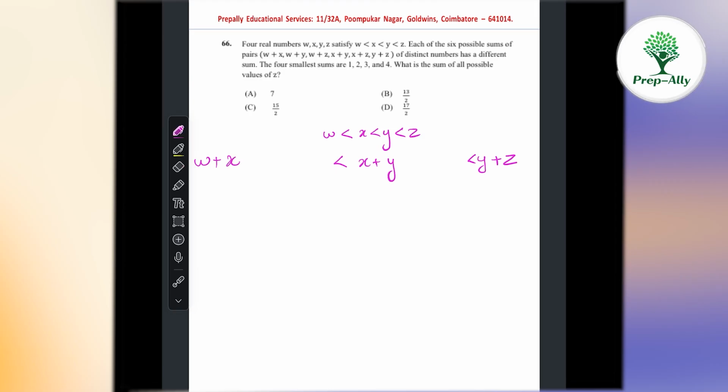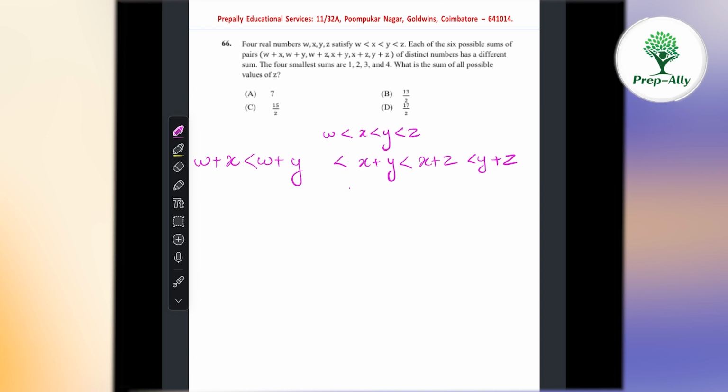So W plus X is also less than W plus Y, which is in turn less than X plus Y, and X plus Y is less than X plus Z, which in turn is less than Y plus Z, right?